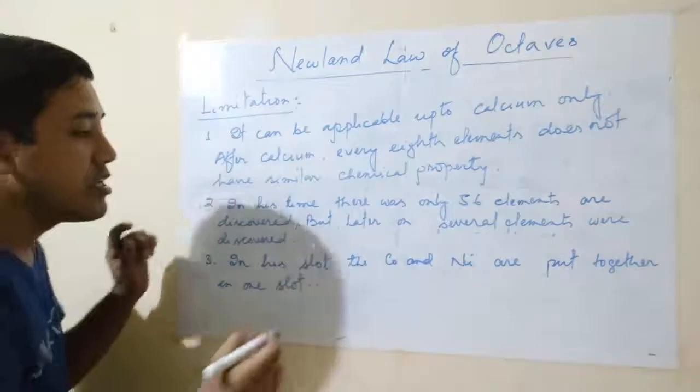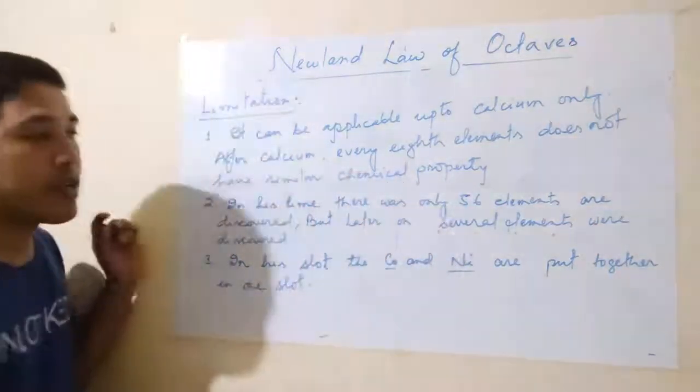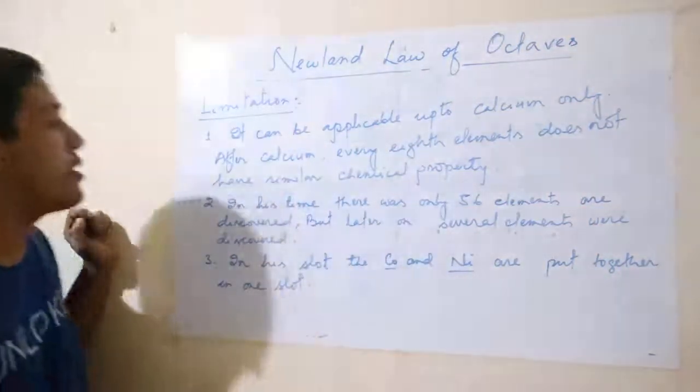Cobalt and nickel are put together in one slot. These are also among the limitations.